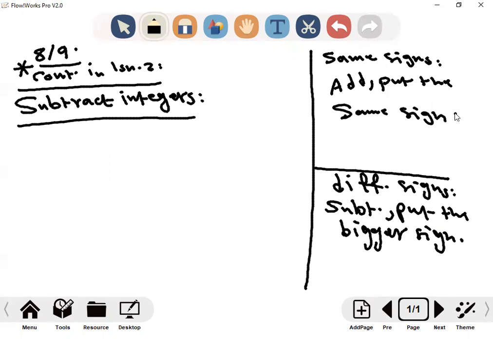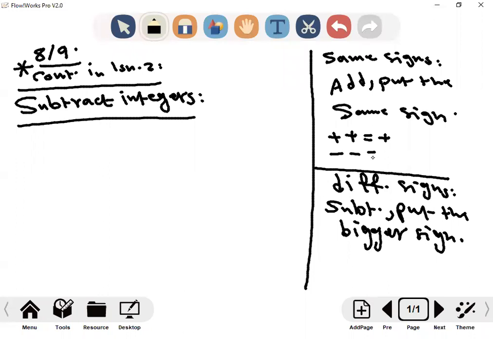Now, don't forget that if we have plus plus, we replace it with plus. See? I know, you said minus, right? Most of you said minus. See, that's why I keep repeating them. So plus plus, we replace them with plus.